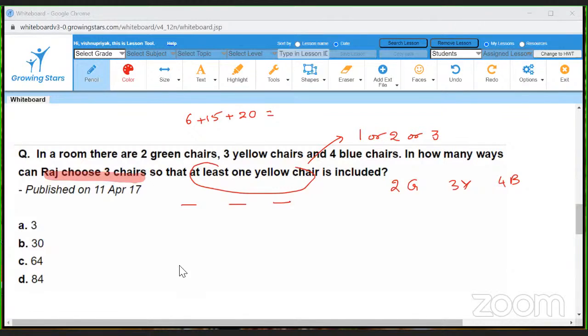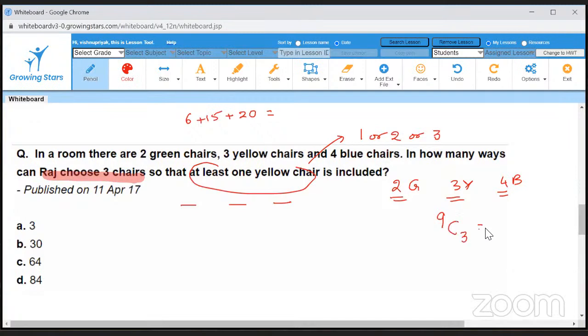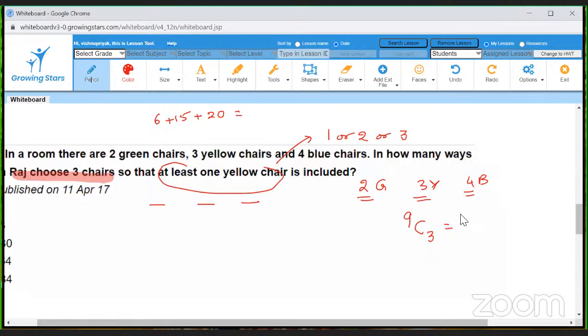Suppose we are taking 3 chairs from the total without any condition. Total we have 2 plus 3, 5 plus 4, 9 chairs. From that we are selecting 3 chairs. We are not arranging. Choose means select.